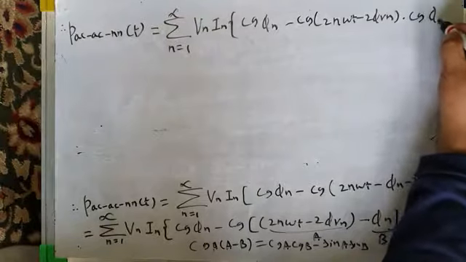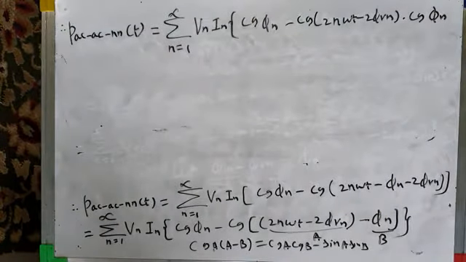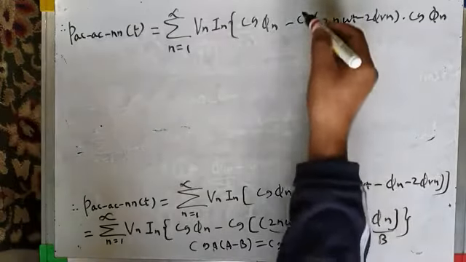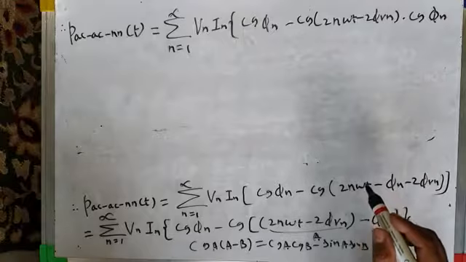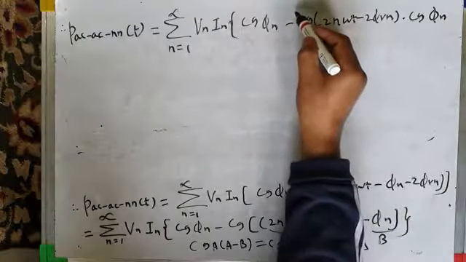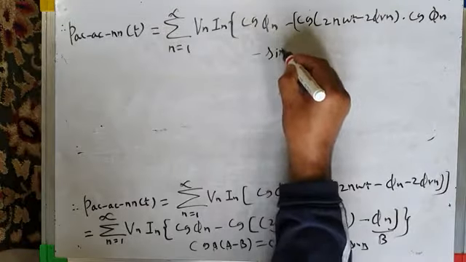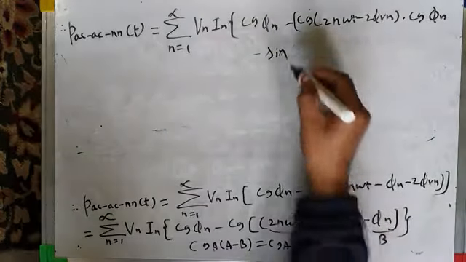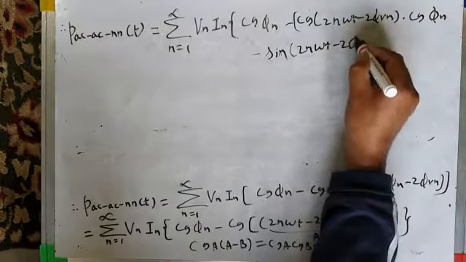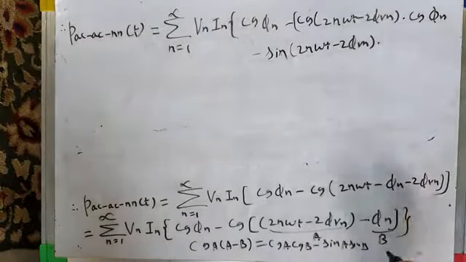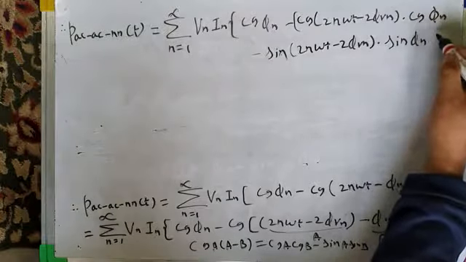So cos phi n. Minus sin A sin B. Let us put it within the brackets. Minus sin A is 2n omega t minus 2 phi Vn, into sin B, that is sin phi n.